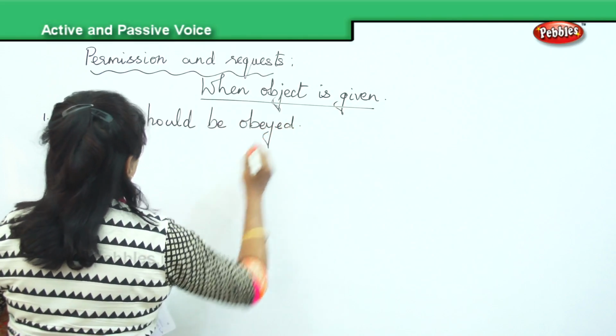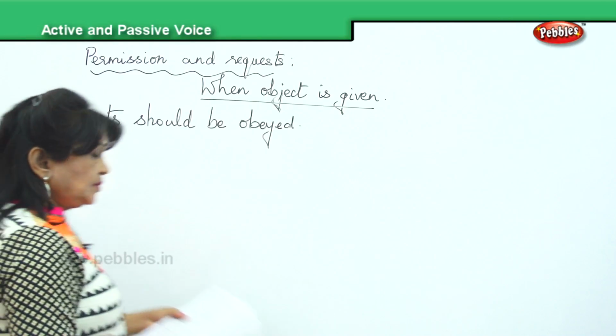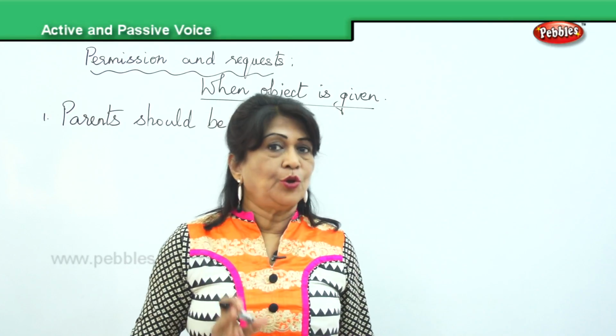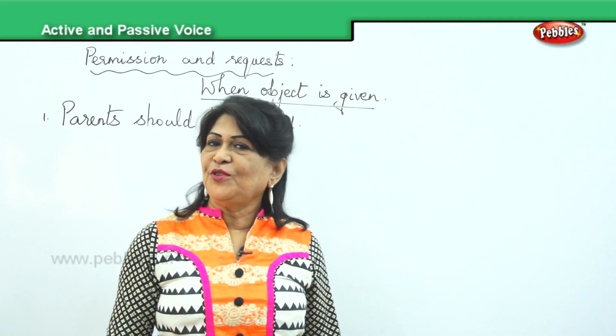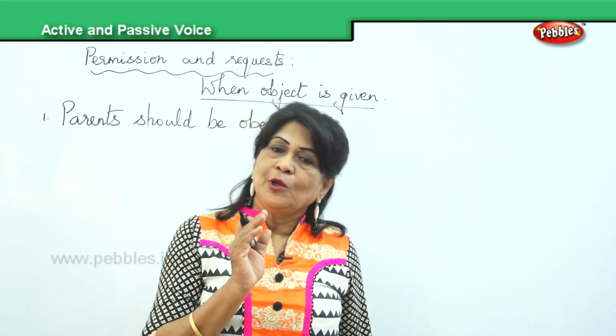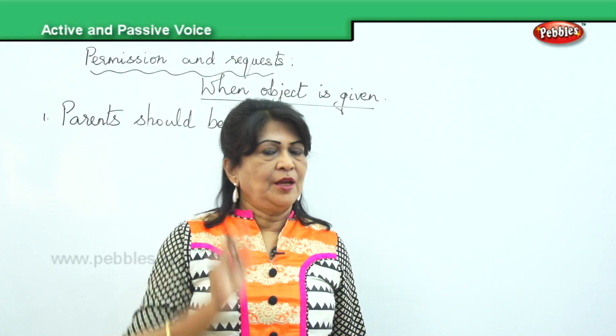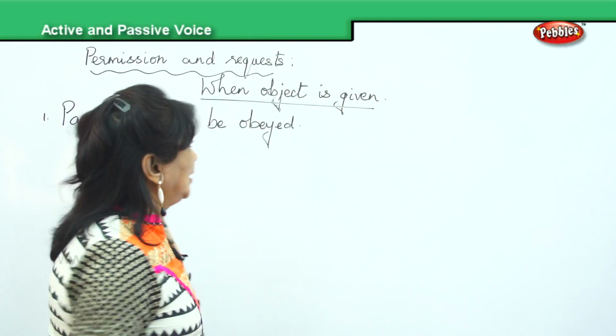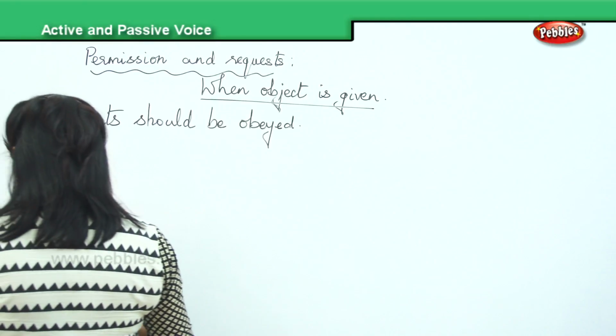Parents should be obeyed. Now, parents should always be obeyed. How many of you obey your parents? I don't know. But please make it a habit to obey, respect and honor your parents. Now, let's see how to change this.